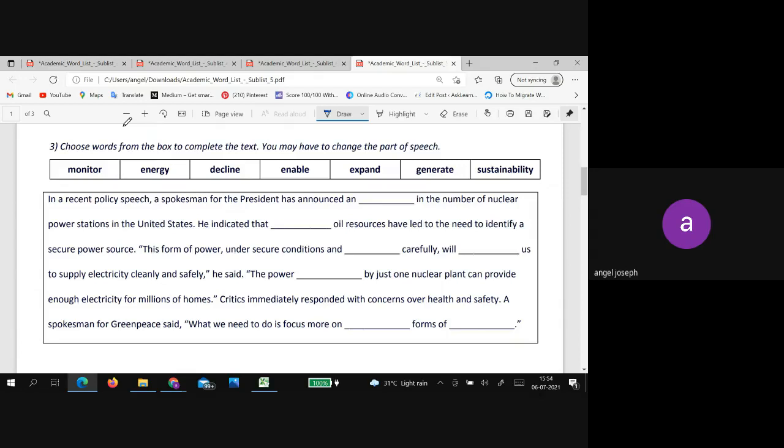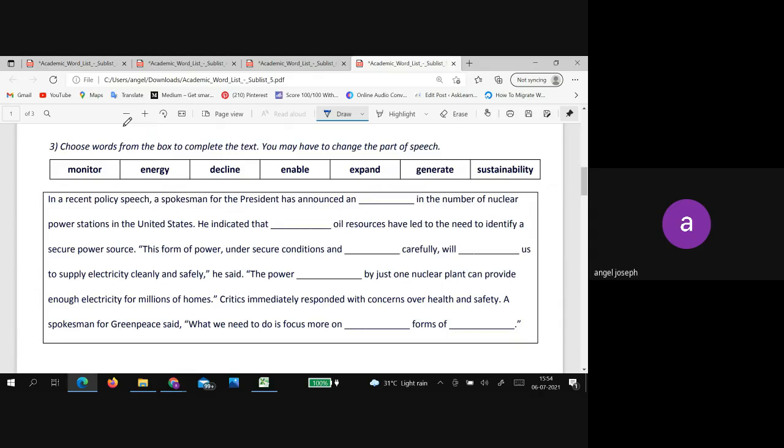If you ask me the exact meaning of enable, I don't know. To give a sanction to someone or to activate someone, that's what I would say. To enable someone is to activate someone. When you provide everything a person needs, that person is enabled.